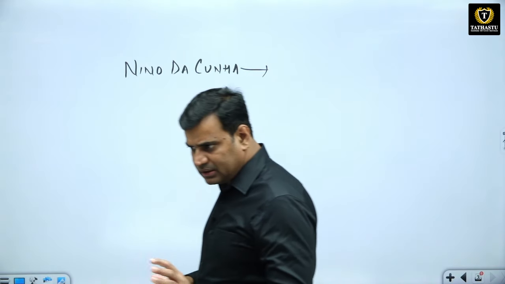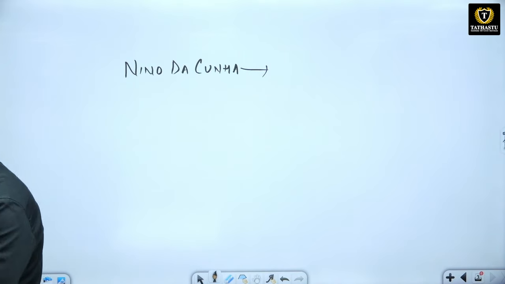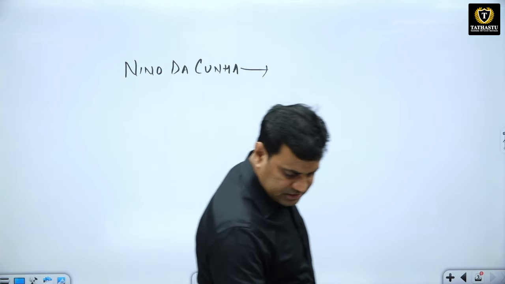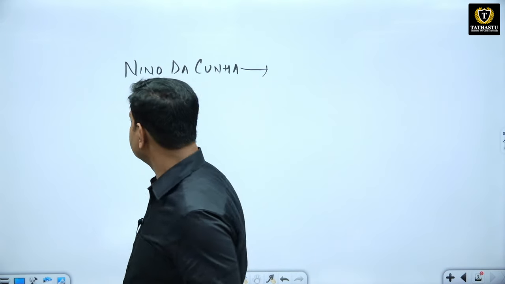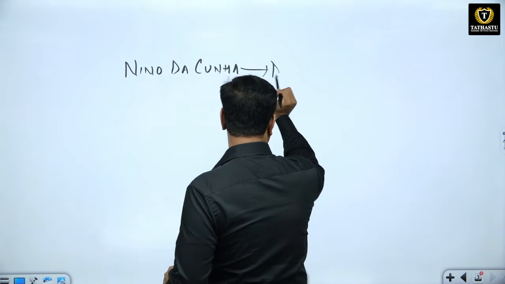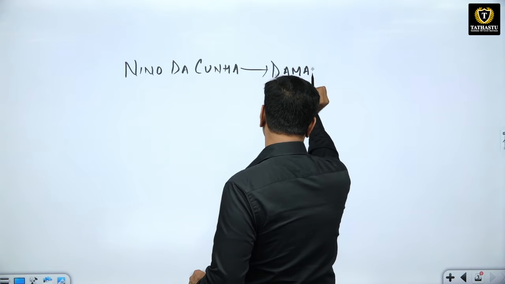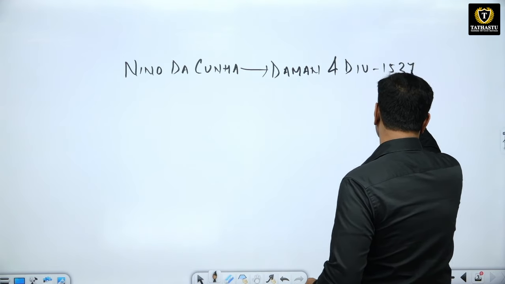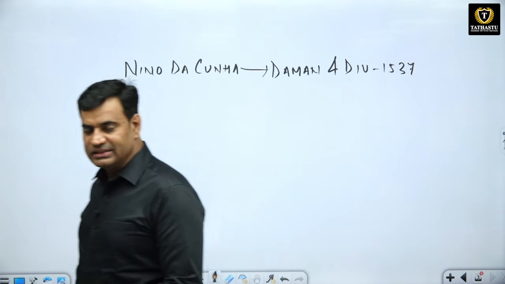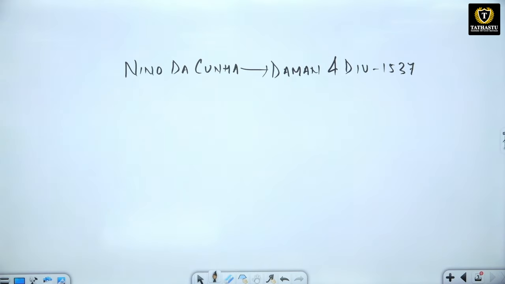He established control over the regions of Daman and Diu, again on the western coast.